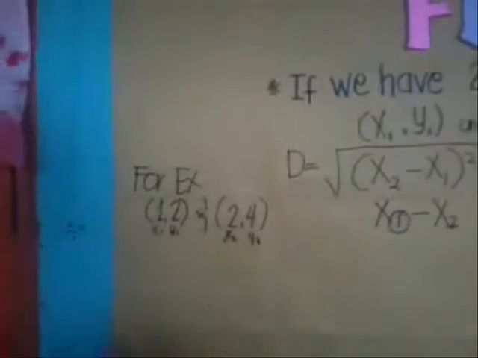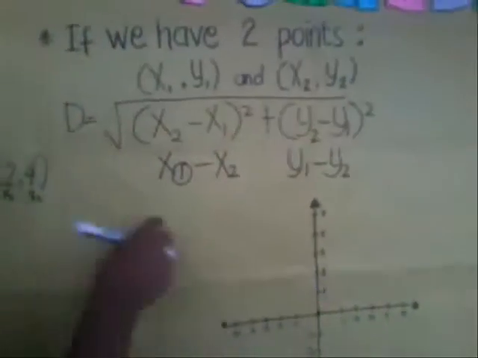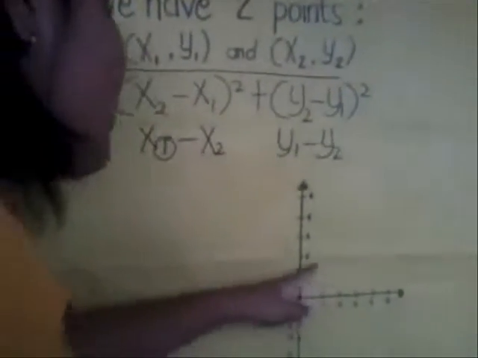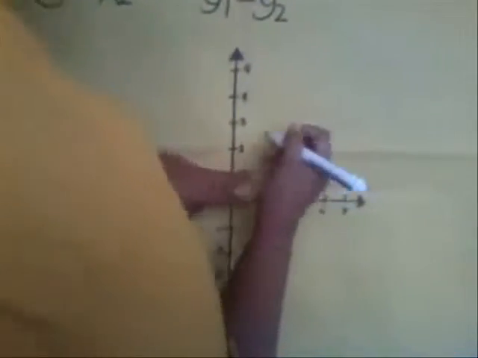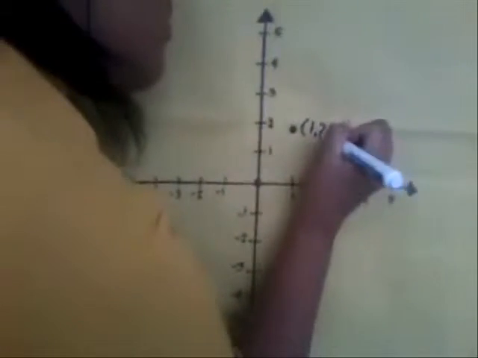First, let us put it in the graph. Since 1 is in the x-axis and 2 is in the y-axis, the point is located here, 1, 2.